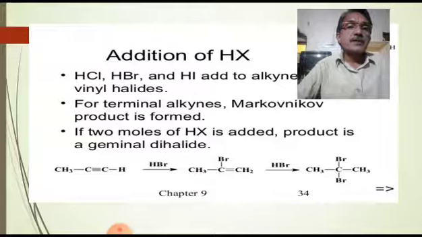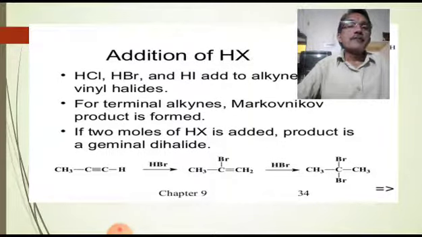According to Markovnikov's rule, the negative part of the reagent is added to the carbon containing fewer hydrogens. Therefore, Br is added to the second carbon atom. 2-bromopropene is obtained. This 2-bromopropene further reacts with HBr, giving rise to 2,2-dibromopropane.